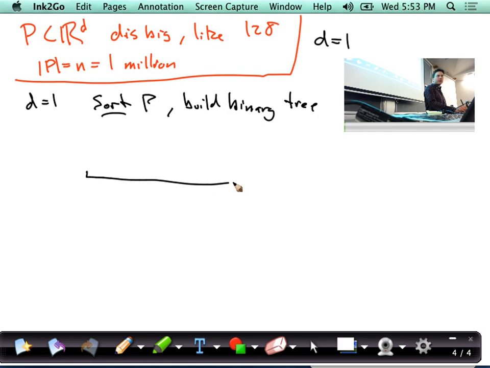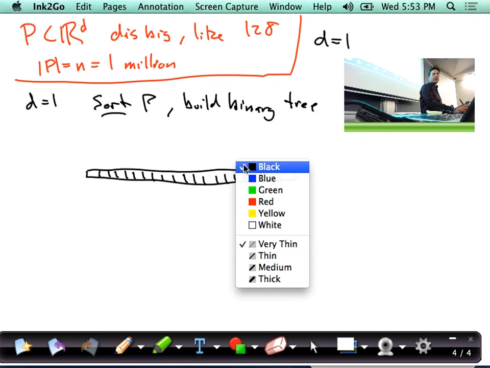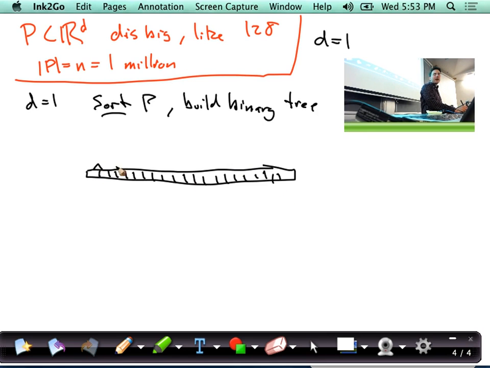It's hard to draw straight lines here. Okay, so you can think of having these sorted in some array here. Then you build up this binary tree on top.